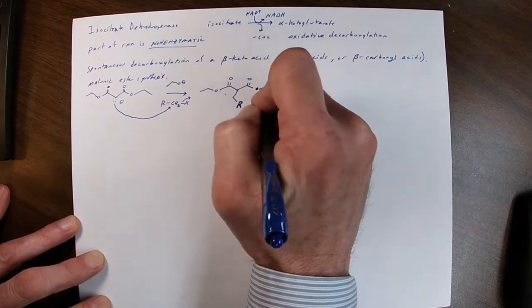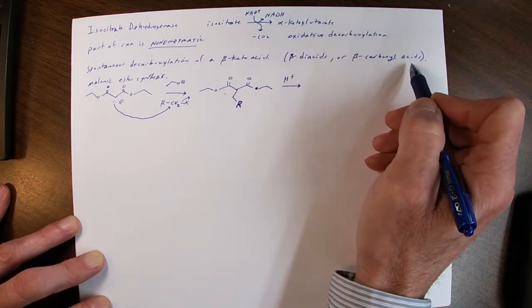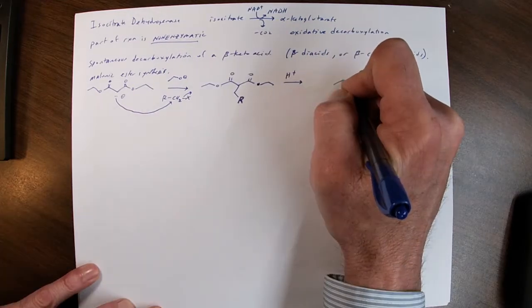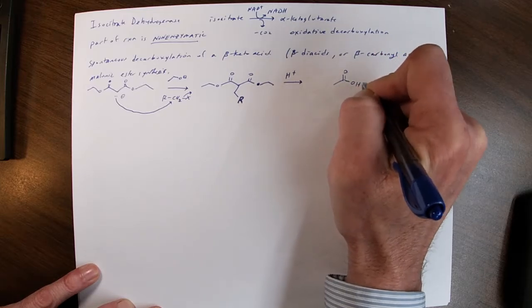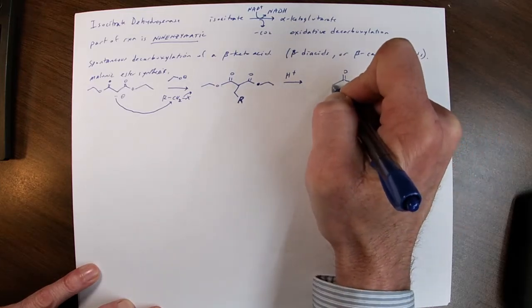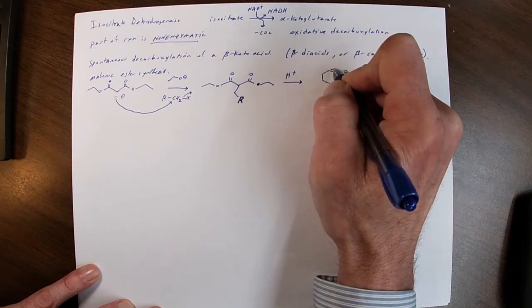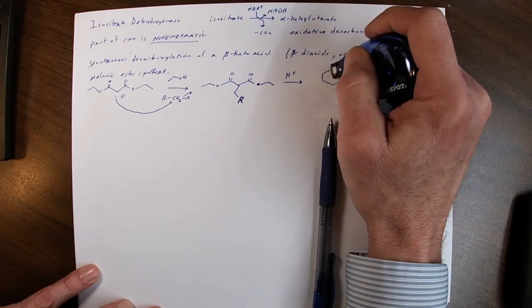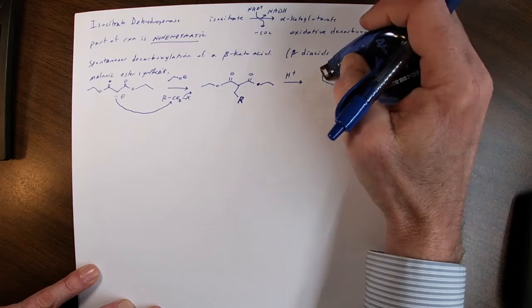And when you hydrolyze these esters, you're going to end up with your beta diacid, okay? So let me hydrolyze these esters. All right, so let me do the beta diacid. And let me put my OH on this side. I really still messed that up.